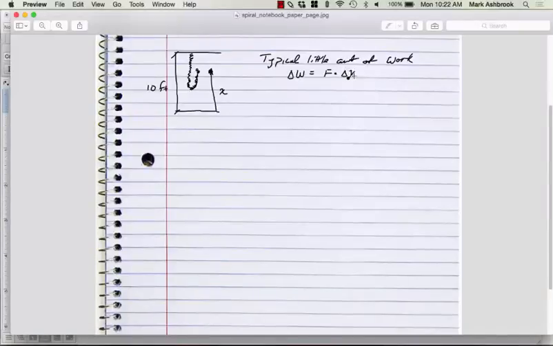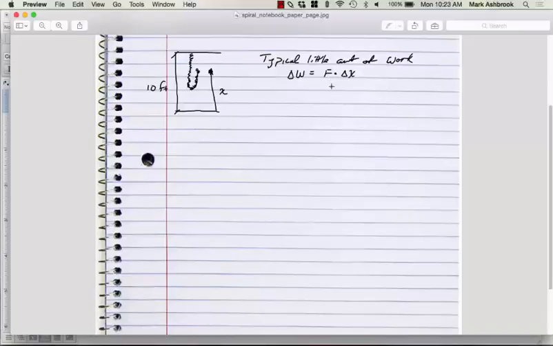Delta x, okay? So now, what's the force? Well, the force is the current weight of chain that we have to lift. How much chain do we have to lift right now? Right? Because this force is going to be the weight of the chain that we're currently holding up or lifting up. And so how much would that be?